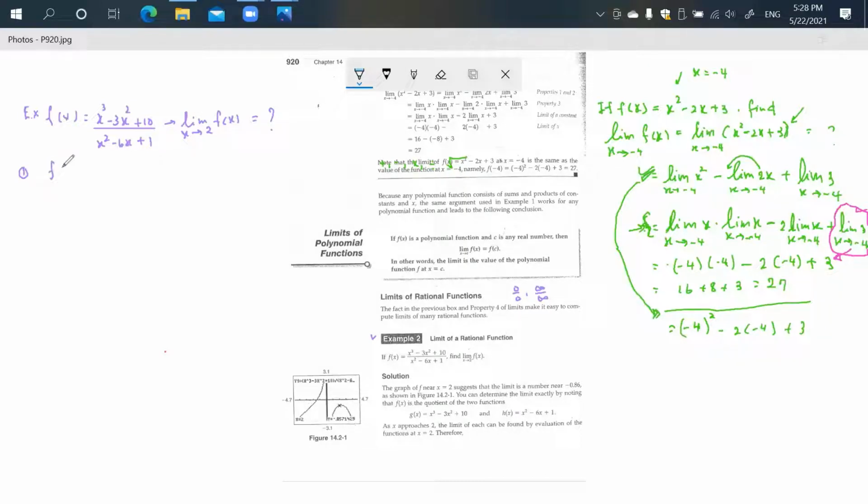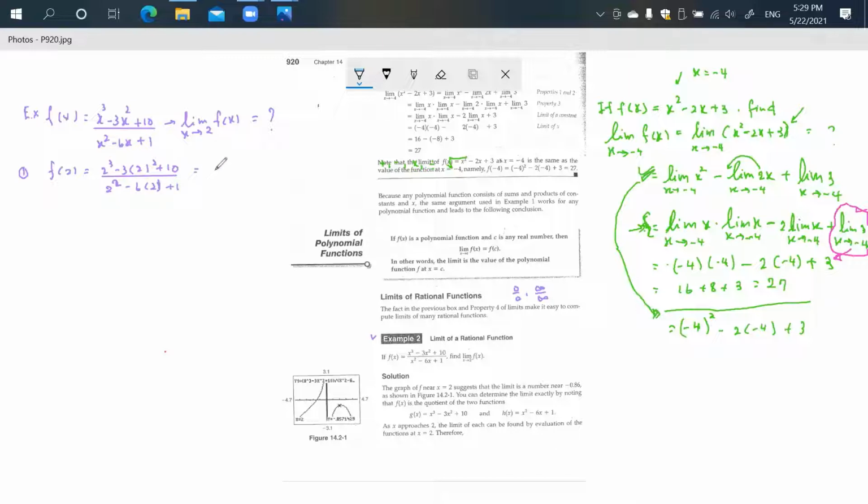Or you can take this way, it's okay. So it becomes 2 like this. And this one becomes 2 cubed minus 3 times 2 squared plus 10 over, to make the straight line look nicer, 2 squared minus 6 times 2, and then plus 1.